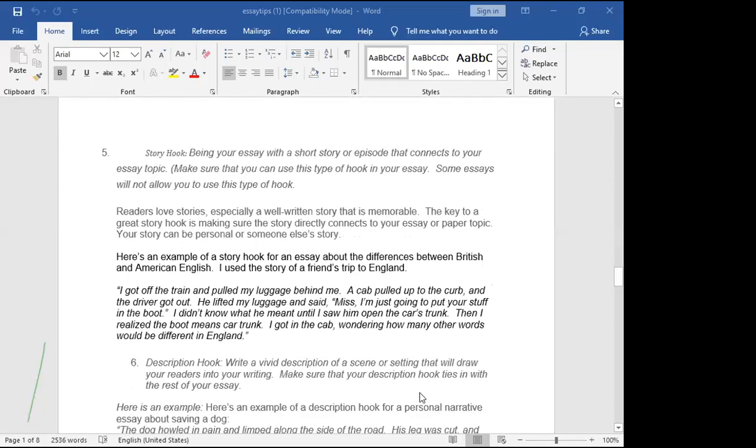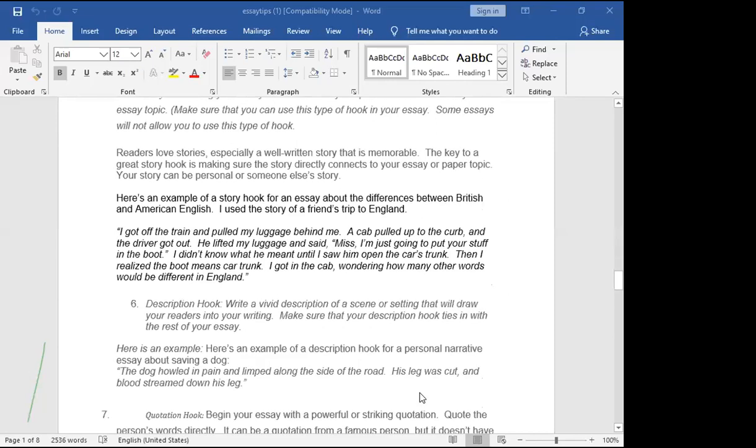Description hook: write a vivid, especially descriptive composition, a vivid description of a scene or setting that will draw your readers into your writing. Make sure that your description hook ties with the rest of your essay.